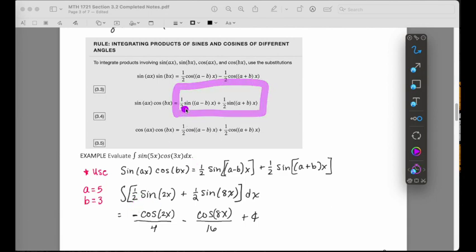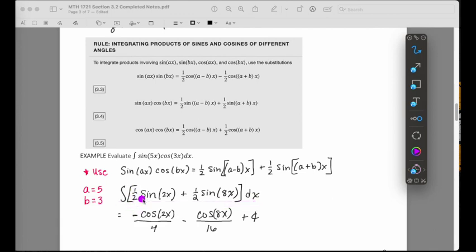So I have 1/2 sine, and then I'm going to take A minus B, so that's going to be 2x, plus 1/2 sine, and then I'm going to do A plus B x. A plus B x is 8x. So now I can evaluate this directly.